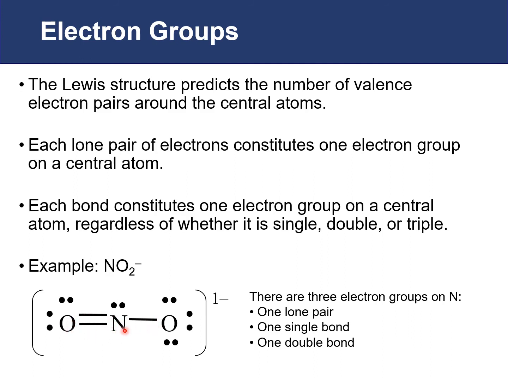So in terms of the regions of space where we find electrons, there are three different regions. There's our lone pair, our single bond, and our double bond, making up three different regions of space. So we have three different electron groups: one from the lone pair, one from the single bond, and one from the double bond. Double bonds and single bonds count as one electron group each.